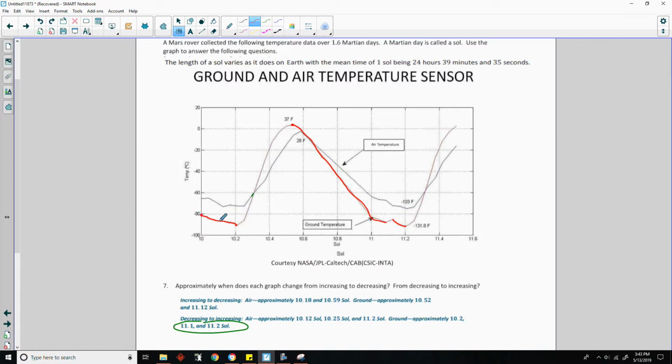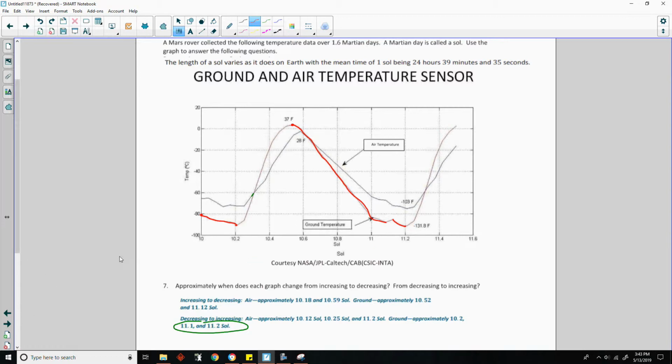So it decreased from 10 to 10.2. It decreased from 10.4 or 10.8 maybe, somewhere around there, down to 11.1 almost, and then maybe 11.1 something down to 11.2.